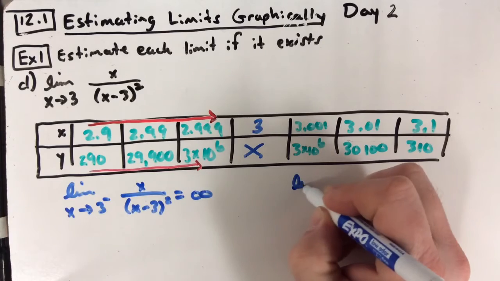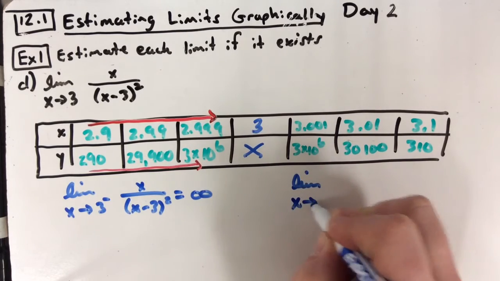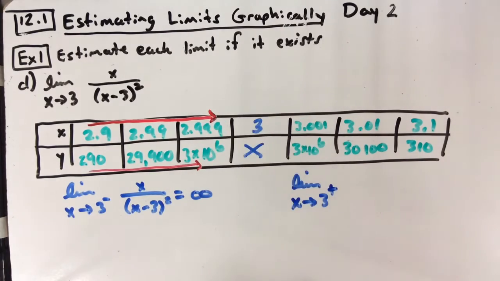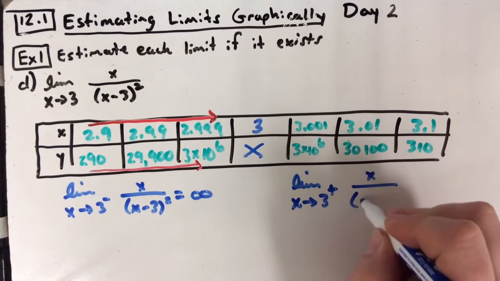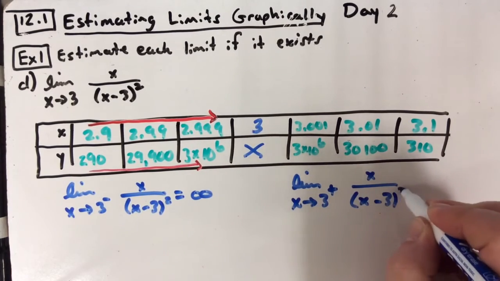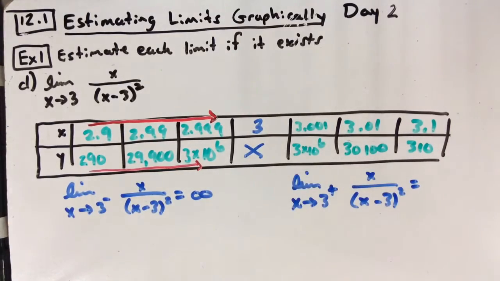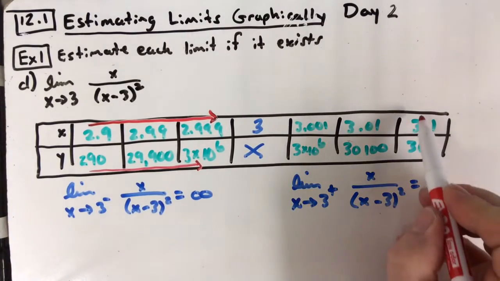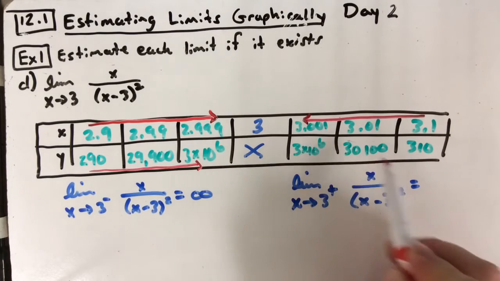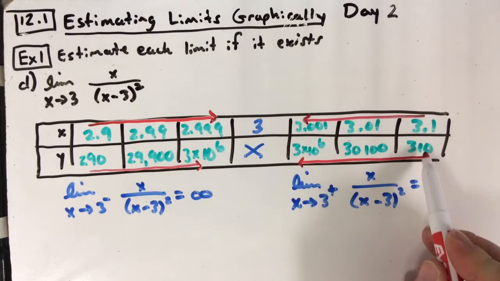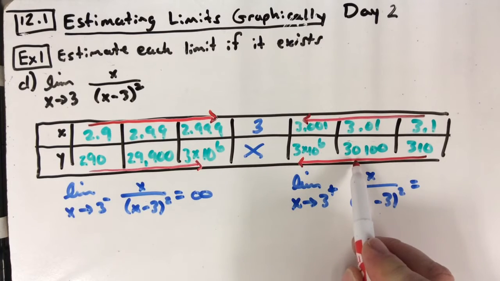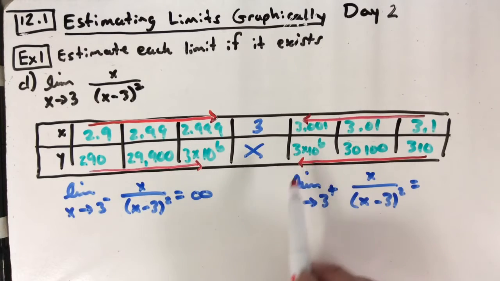Similarly, over on the right side, we would have the limit as x approaches 3 of numbers that are a little bit bigger than 3 for our function. So looking at what happens to these x values as you get closer to 3, the y values again are starting relatively small, 310, then up to 30,000, then up to 3 million again.